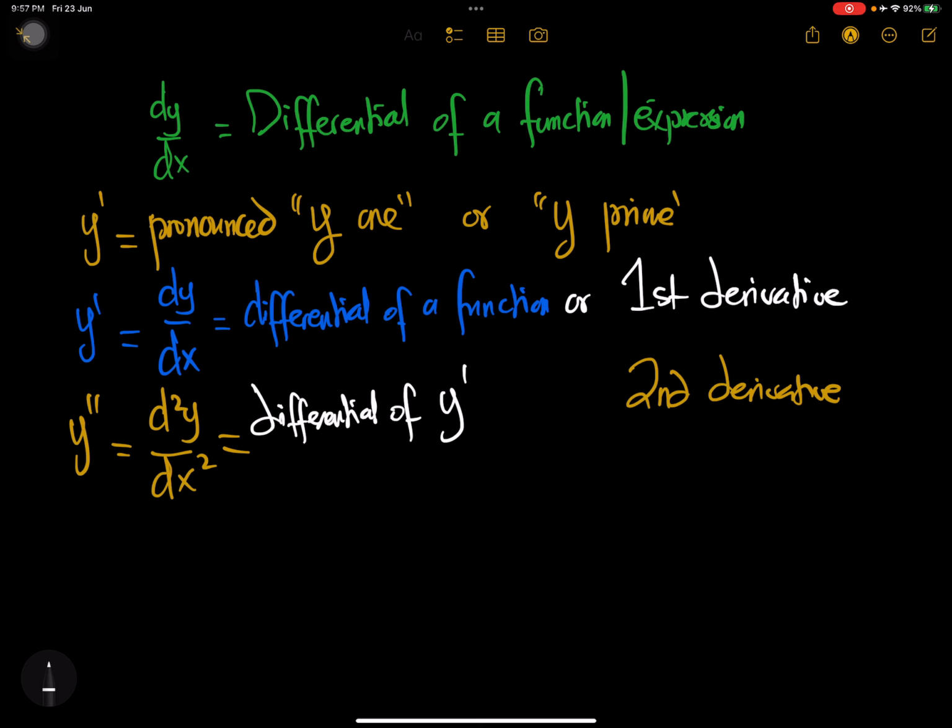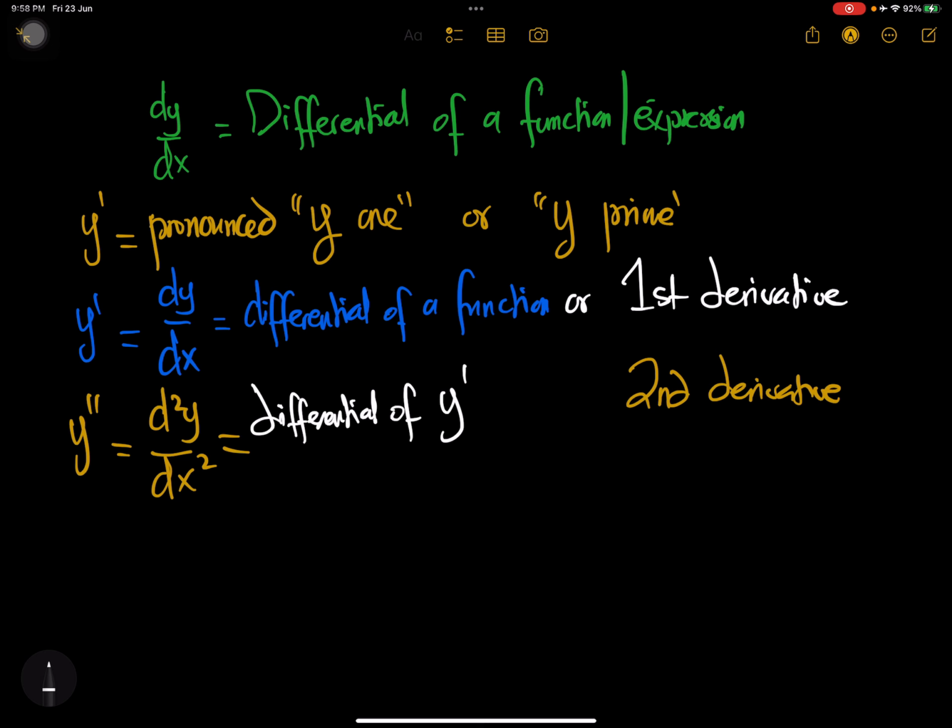So differentiation is very, very critical because of finding the smaller changes on a curve or anything that is nonlinear. And then we said that the y prime or y1 is the differential of a function, also known as the first derivative.